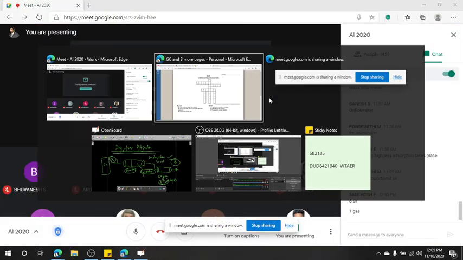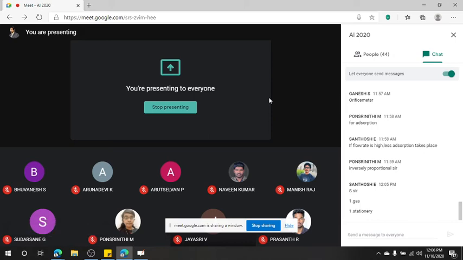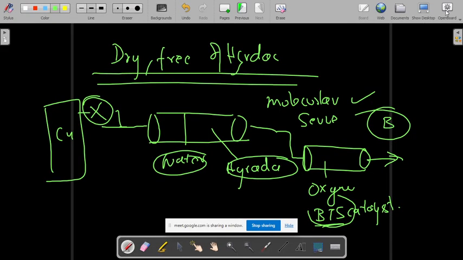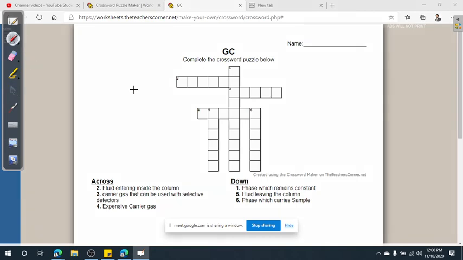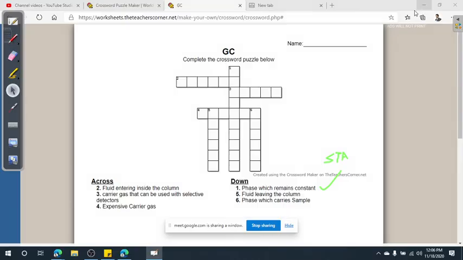One is gas. One is stationary. Excellent, that's the correct answer. Thank you, Sandosh.